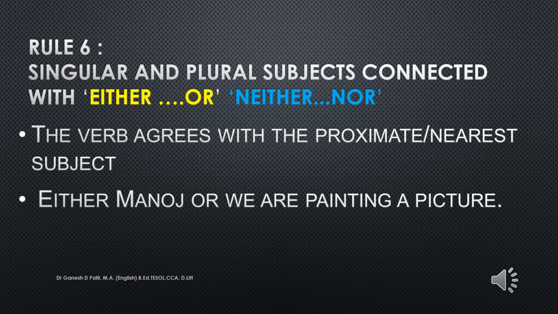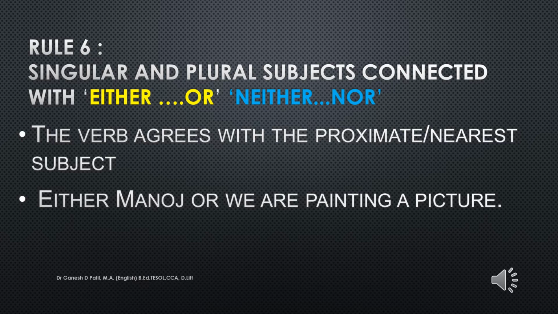When one singular and one plural subject are connected with either or, neither nor, the verb agrees with the nearest subject. This is also known as the rule of proximity.